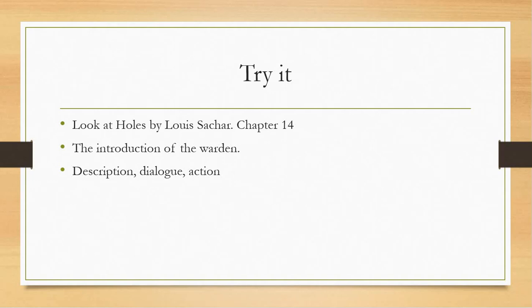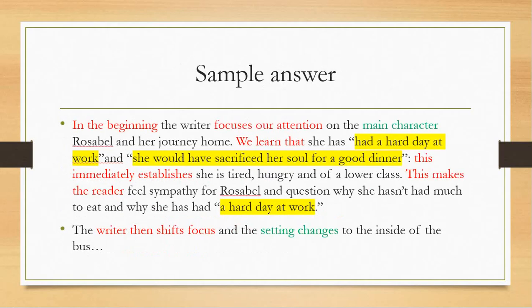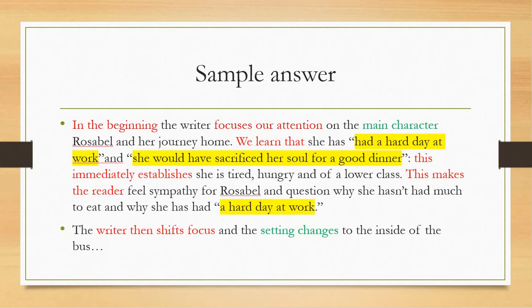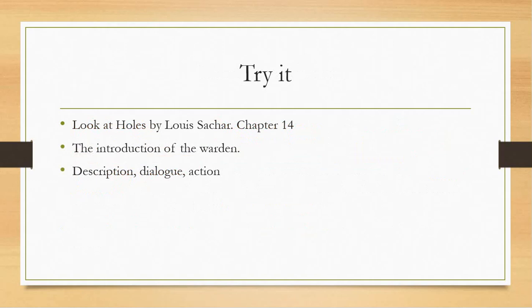So if we look at my formula, my system of how to answer a question: in the beginning the writer focuses our attention on, we learn that, this immediately establishes, this makes the reader think and feel, the writer then shifts focus. If we use that system on chapter 14, the writer starts with a description of the warden. She gets out of the car and we have that lovely description of her.